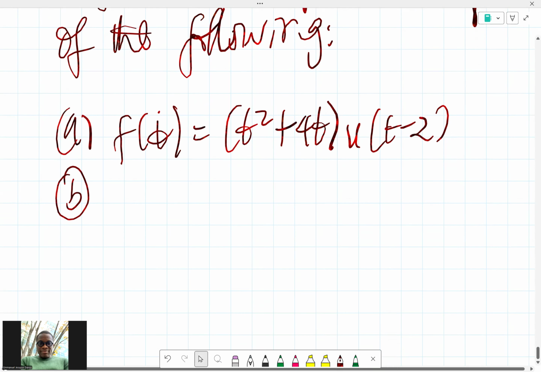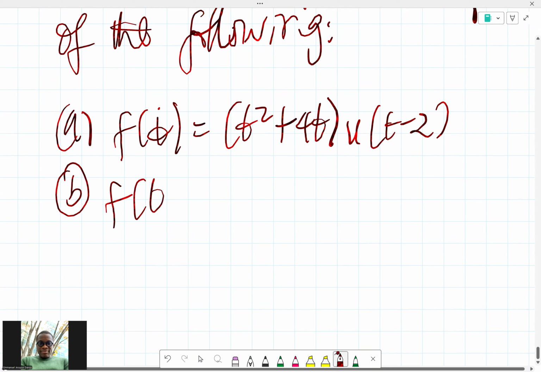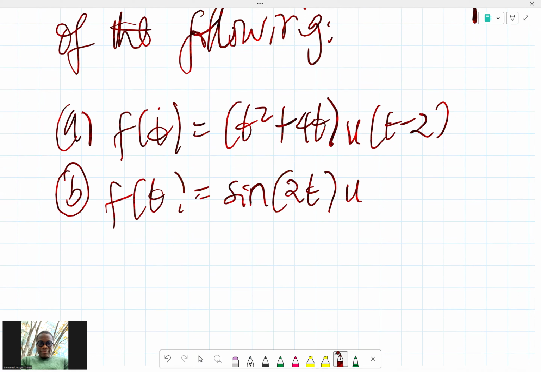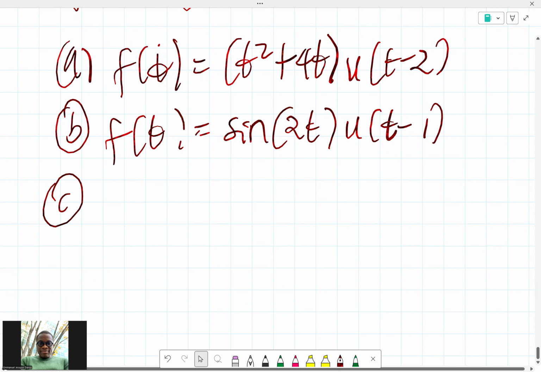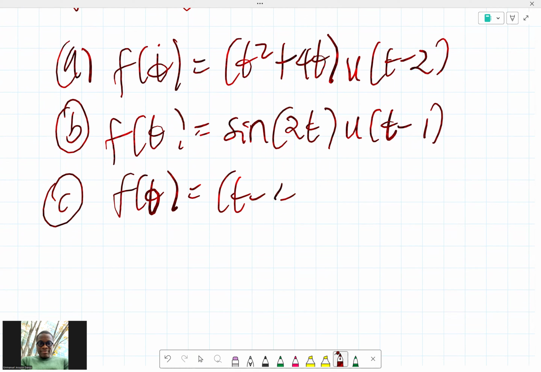B, f of t is sine 2t, u(t minus 1). C is f of t equals (t minus 4) raised to power 3, u(t minus 4).